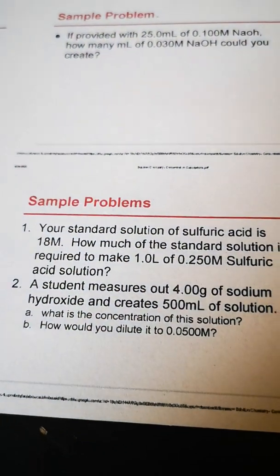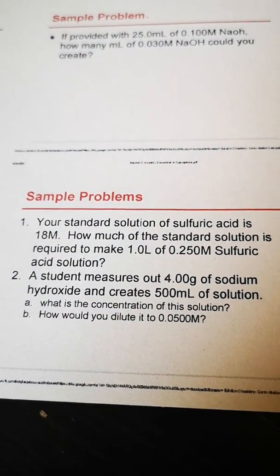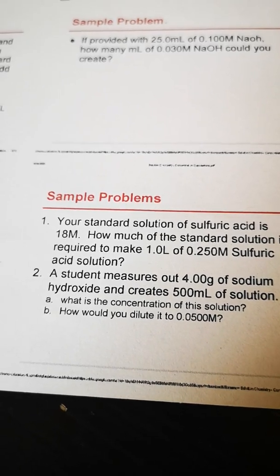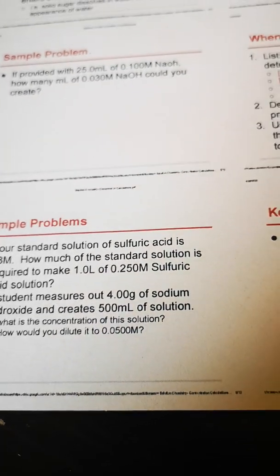Our second question. A student measures out 4 grams of sodium hydroxide and creates 500 mils of solution. What is the concentration of the solution, and how would you dilute it to 0.0500 molarity?